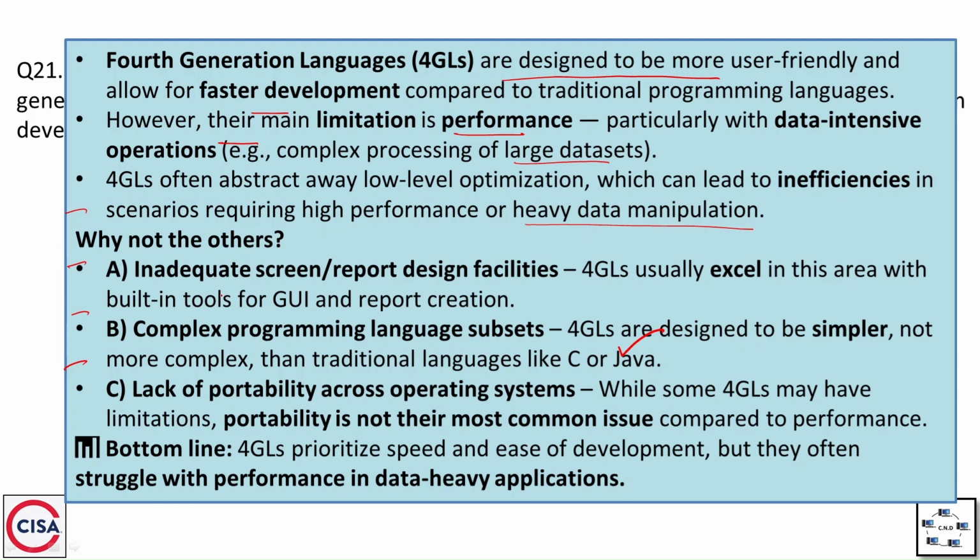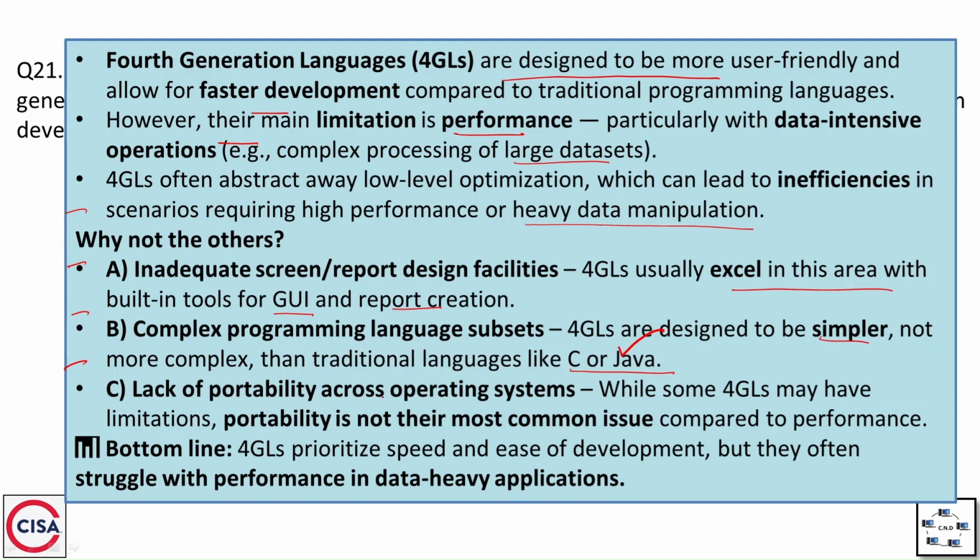Why not others? Option A, inadequate screen/report design facilities. Fourth generation languages usually excel in this area with built-in tools for GUI and report creation. Option B, complex programming language subsets. 4GLs are designed to be simpler, not more complex than traditional languages like C or Java.